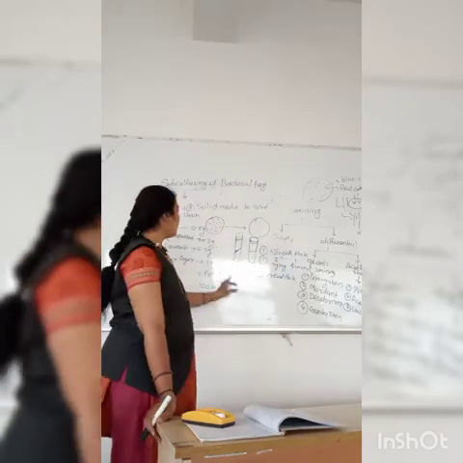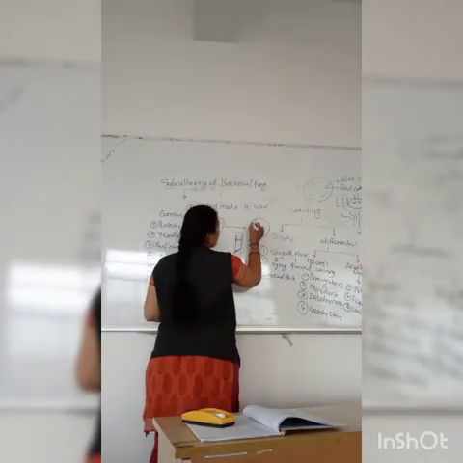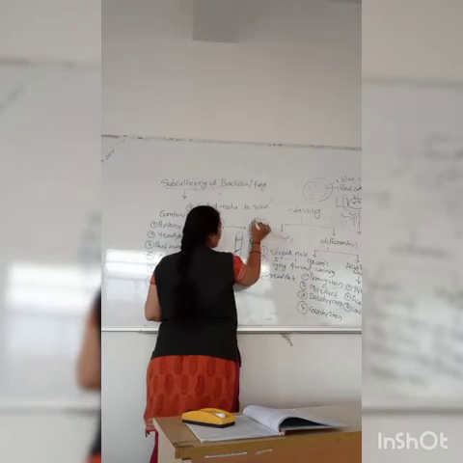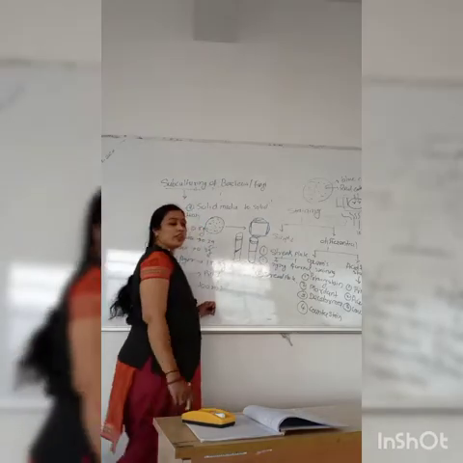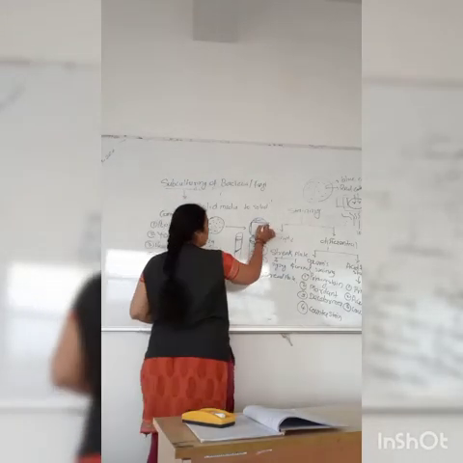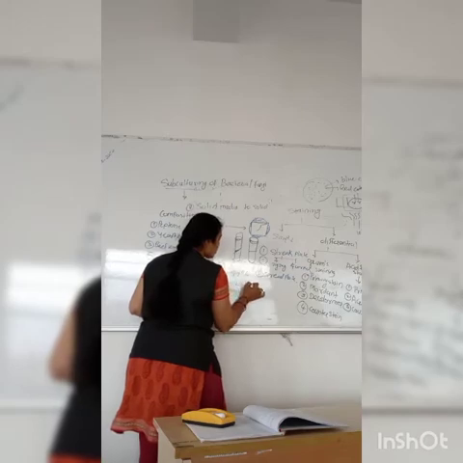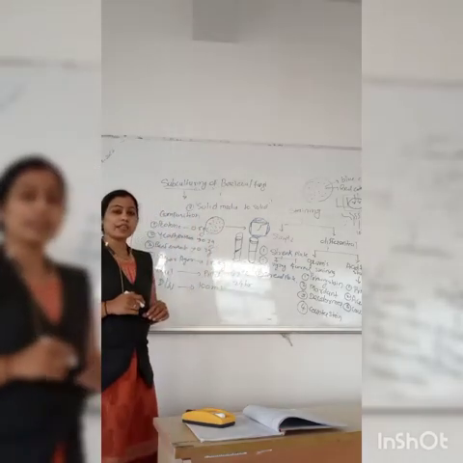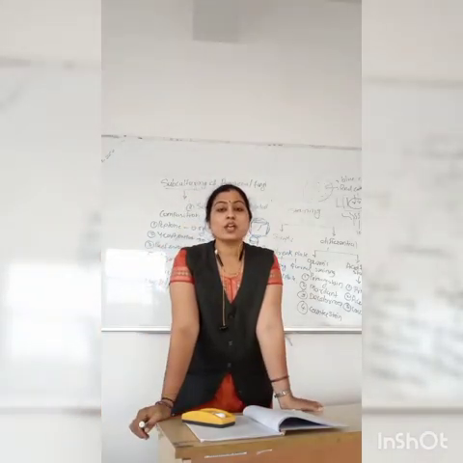Suppose the four corner method is performed. After the streaking, you have to keep it in the incubator for the incubation period, at 37 degrees Celsius for 24 hours. After that you observe the plates. If there is a growth of organism, the subculturing is done.